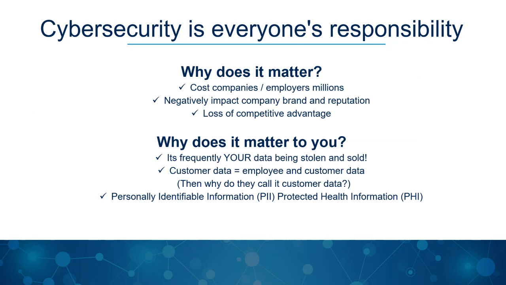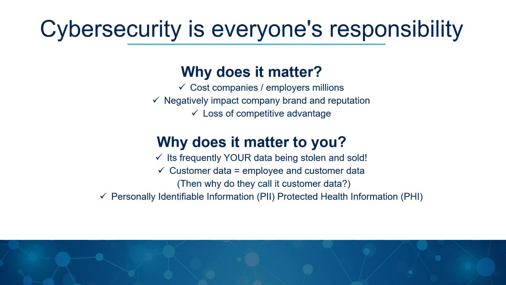Because if your company's data is compromised, more than likely your data is compromised also. There's information about you that's now out there. So certainly we need layers of protection, layers of defense against that compromise. And PII, personal identifiable information, and PHI, personal protected health information, are two of the most critical things to protect.